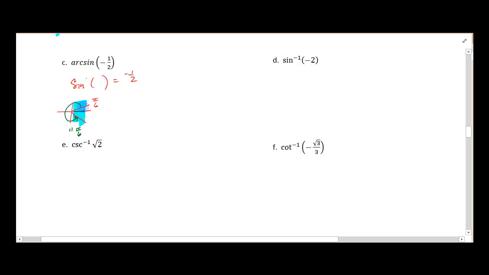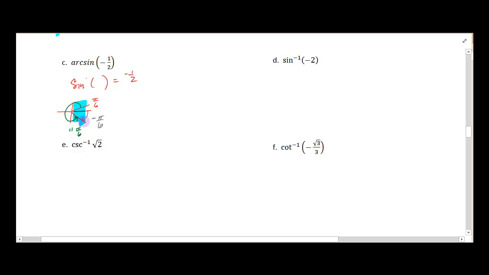But notice what happened when I chose 11 pi over 6. I come out of the zone, don't I? I come out of the blue zone and enter back in. So I cannot use 11 pi over 6. Instead, I have to move negative, and I have to choose negative pi over 6.